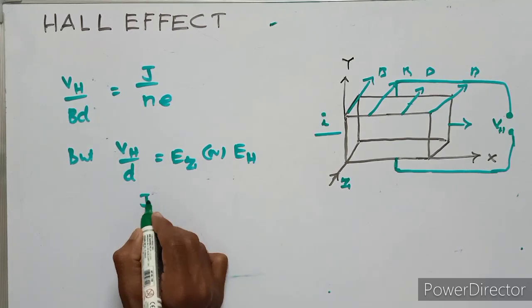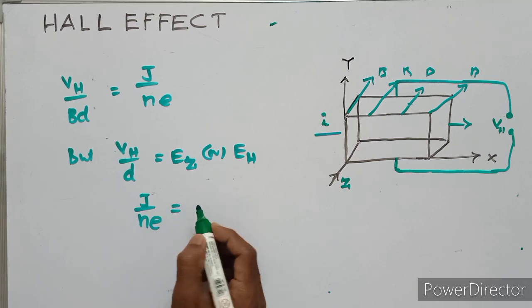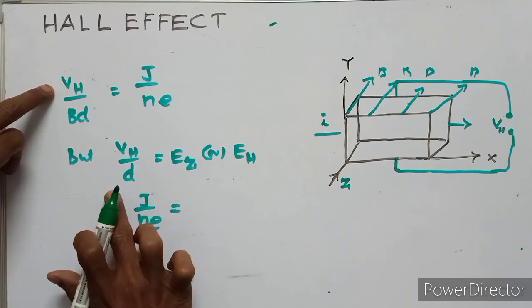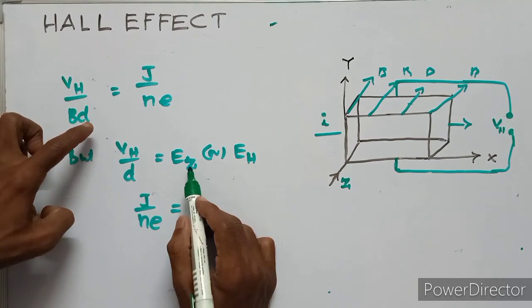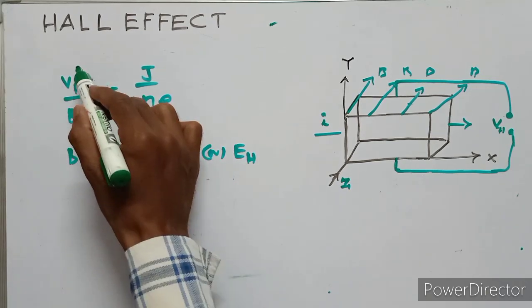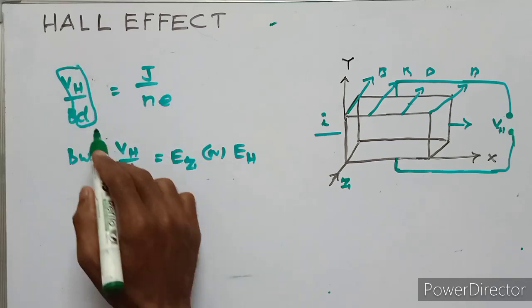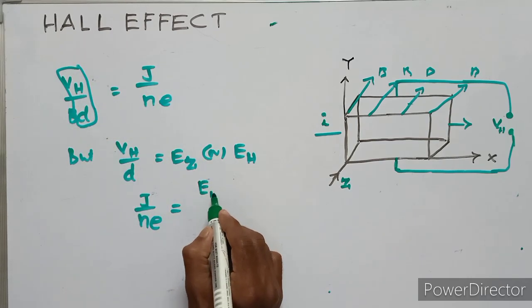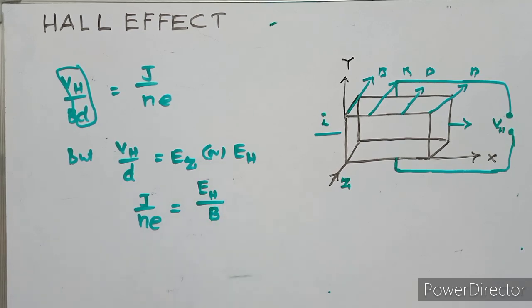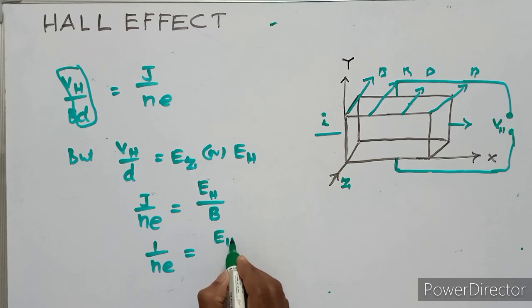Therefore J upon n e is equal to E_H upon B. Therefore 1 upon n e is equal to E_H upon J B.